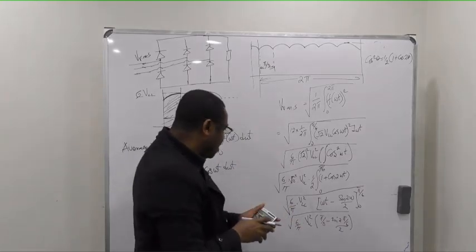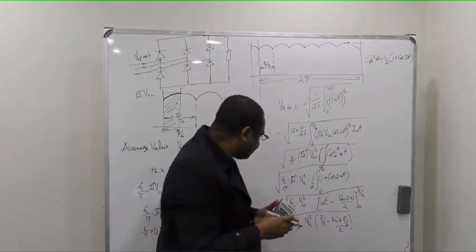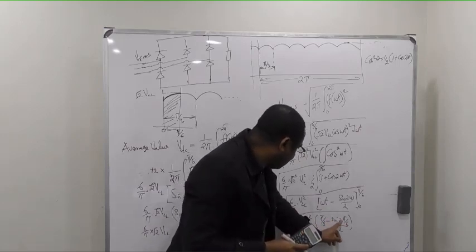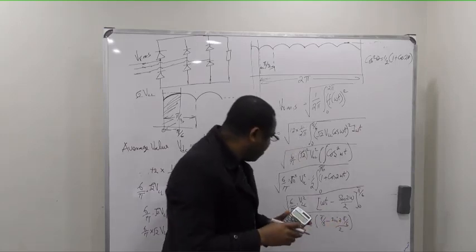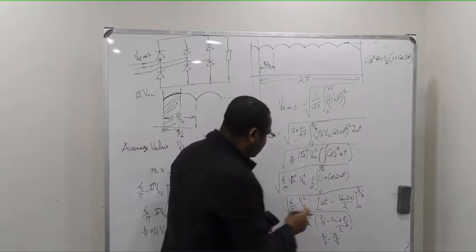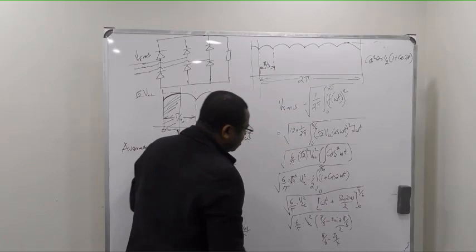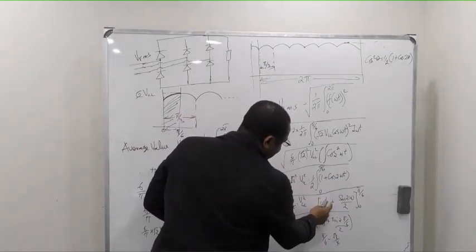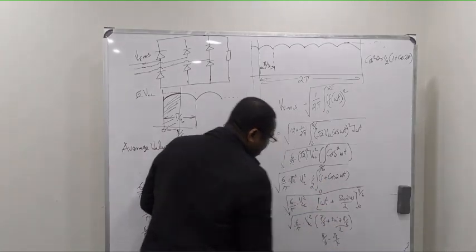All right, so let's evaluate. This divided by that gives you pi over 3. Who put minus here? I didn't put it, you put it. Remember this is plus there, okay?